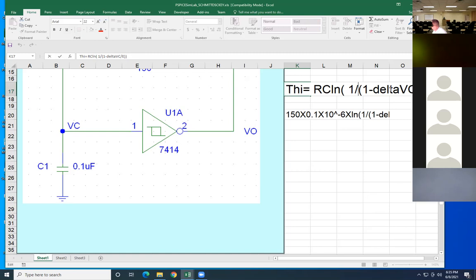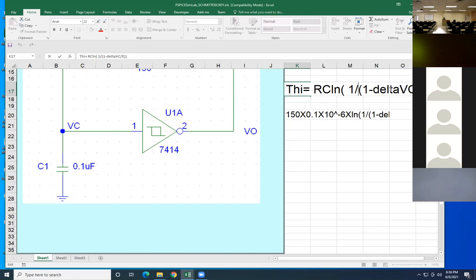But you're saying if you take the negative of the RC natural log, it will replace the 1 over step and give you a positive value? Yes. If you take the original formula and rearrange it, it should be equal to minus RC natural log of 1 minus delta VC over E. Got it. Okay.